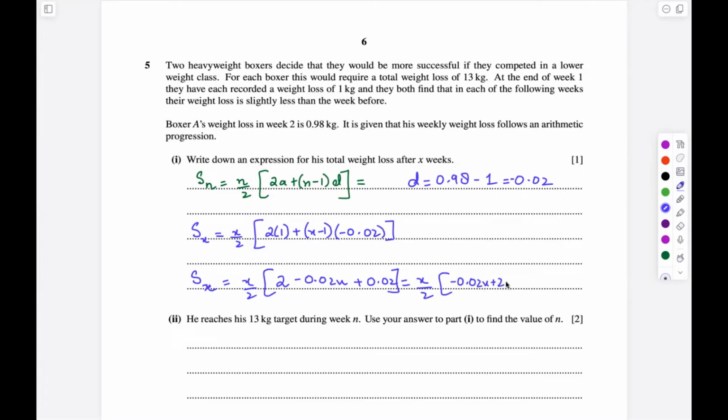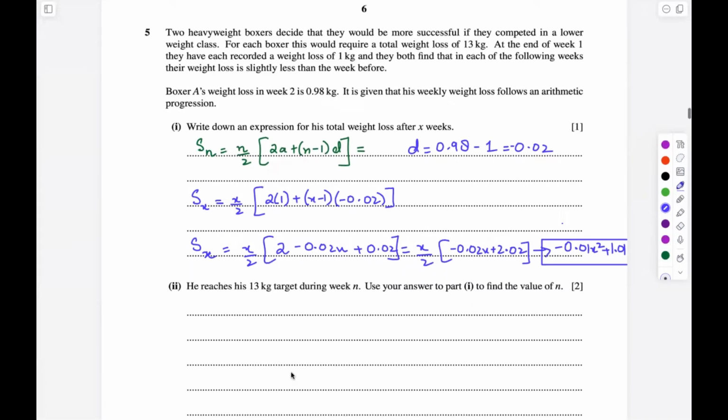And now multiplying by x and dividing by 2, this will become 0.02x squared divided by 2, so minus 0.01x squared. And 2.02 divided by 2 will become 1.01. So the total weight loss after x weeks will be minus 0.01x squared plus 1.01x.